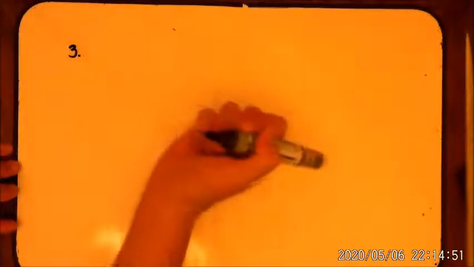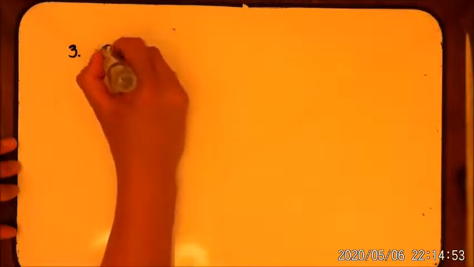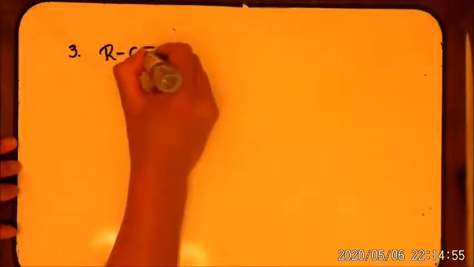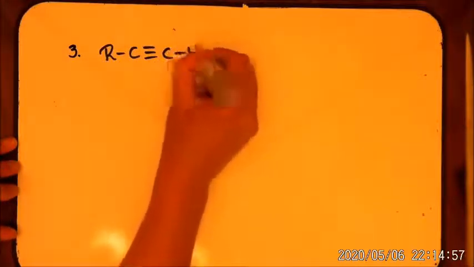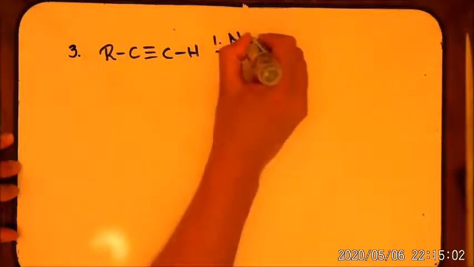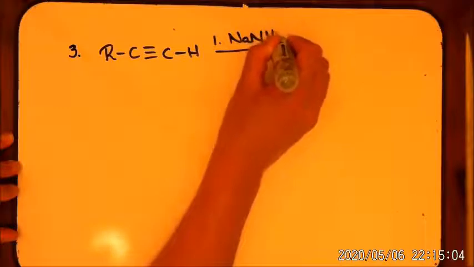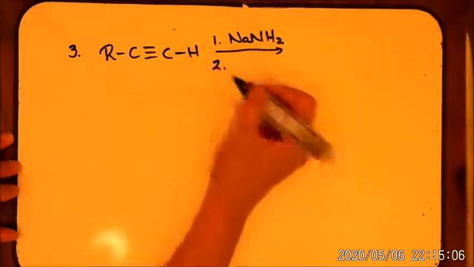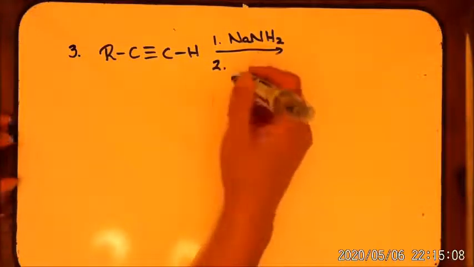Another way to make alkynes is when we make ynols, and that is 3. You're going to take the terminal alkyne. Step 1, you react with sodium amide. Step 2, you're going to react with a carbonyl compound.